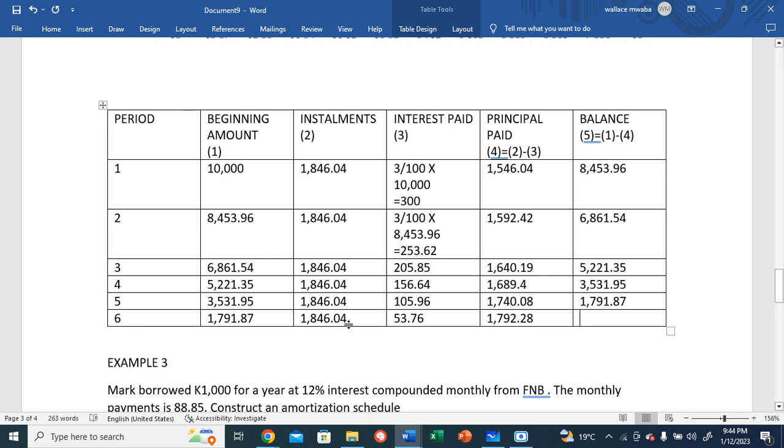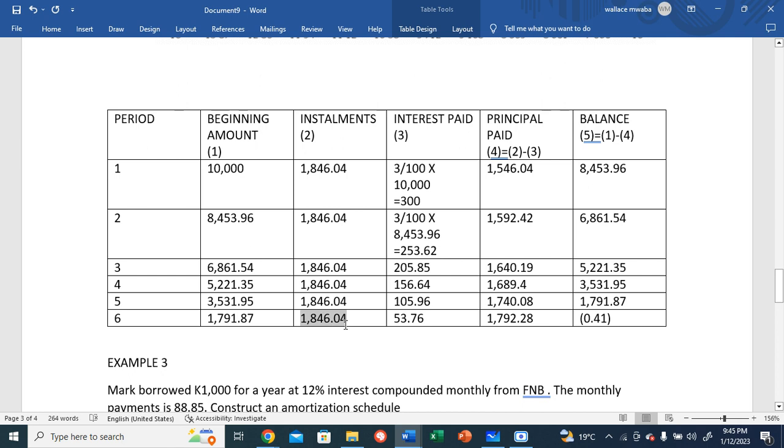Not negative 0.41. And so we have to make an adjustment so that at least our balance looks like a zero. Because what this means is now they're owing us 0.41. All right, you've done all your payments and now they're owing you back 0.41.